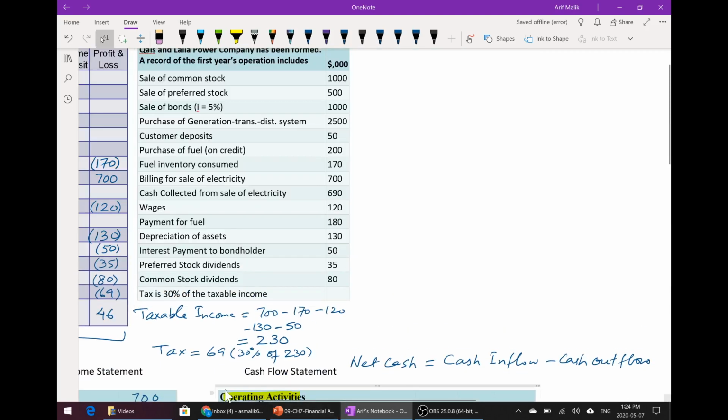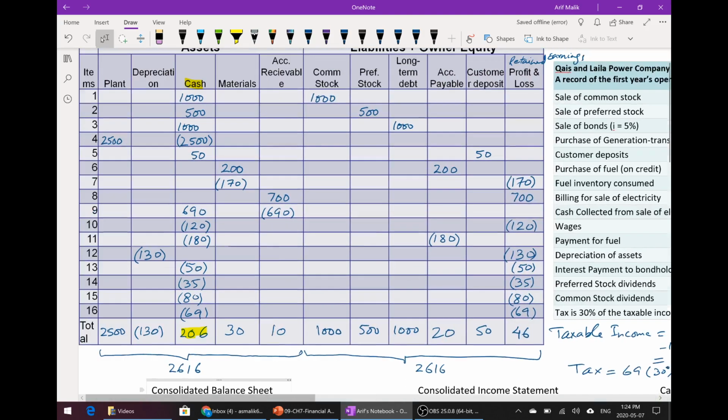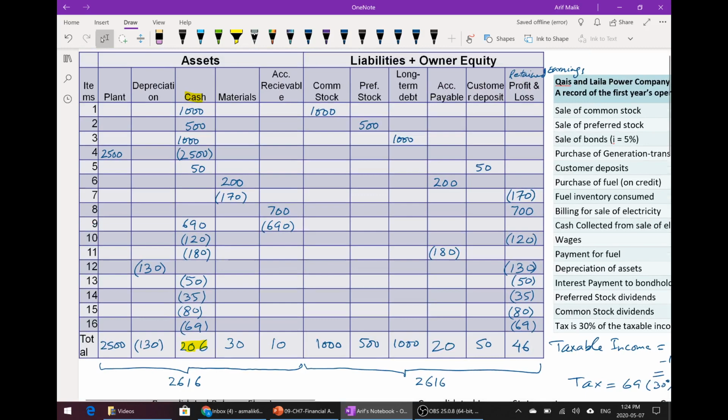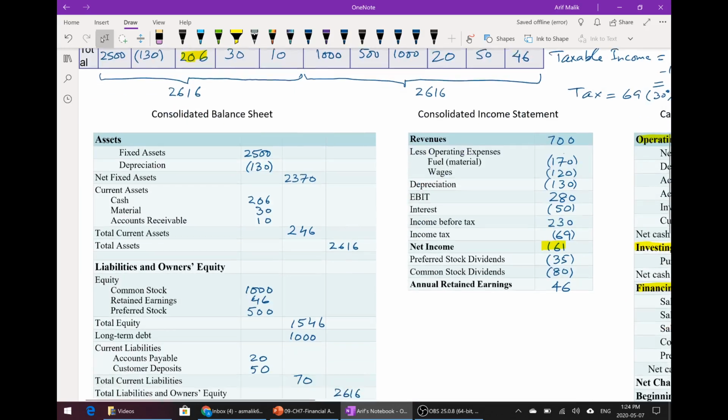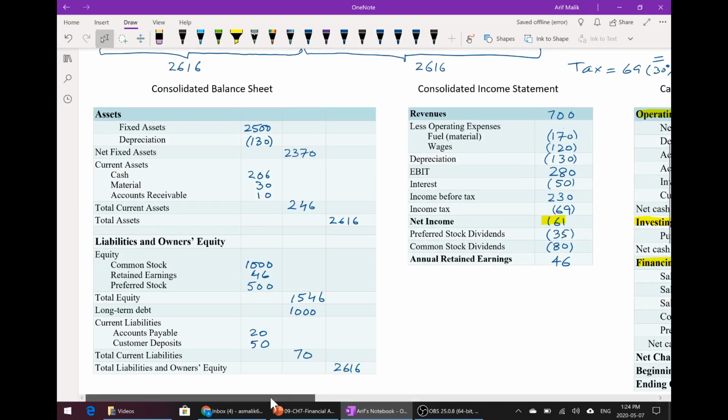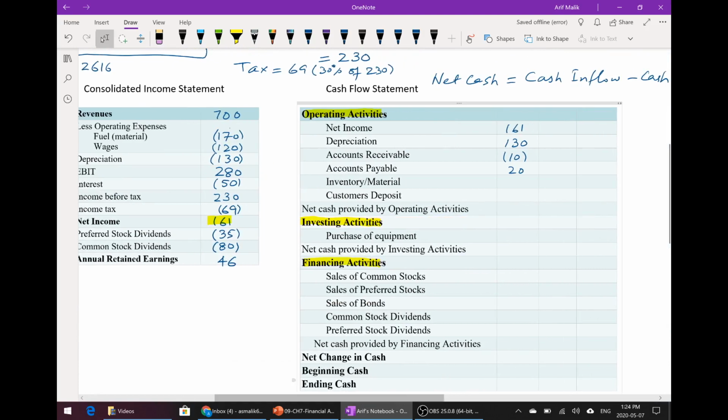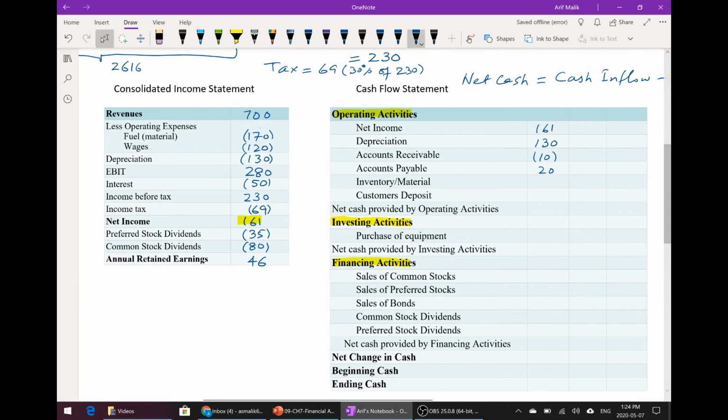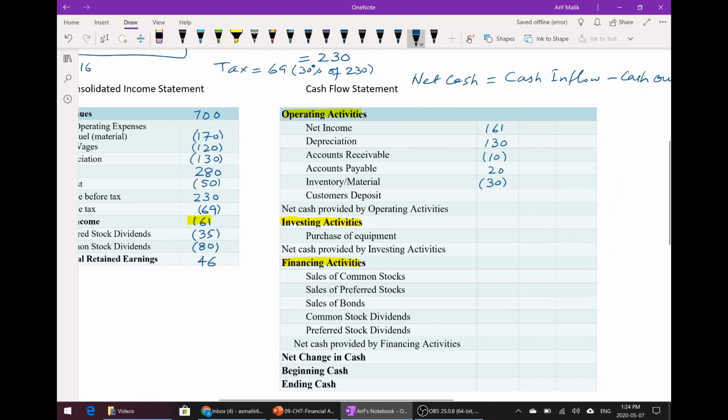It was 30. So we show inventory and material negative 30. Customer deposit is positive and it was 50.